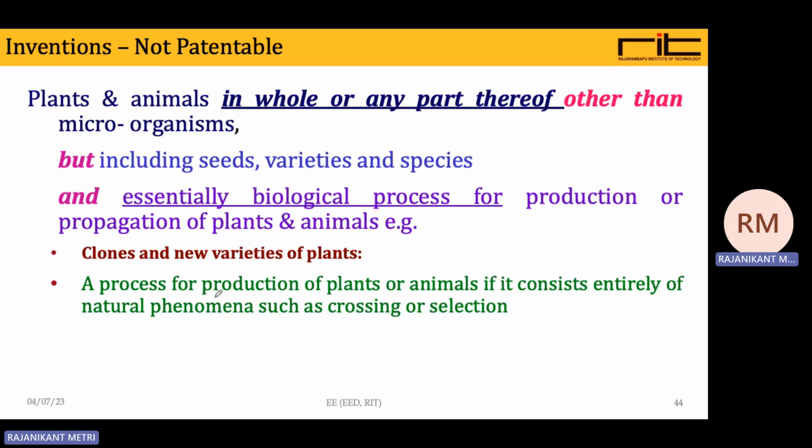Clones and new variants of plants are also not patentable. So processes for production of plants or animals, natural phenomena such as crossing or selection, those things do not come under patenting. So all these things are not patentable.